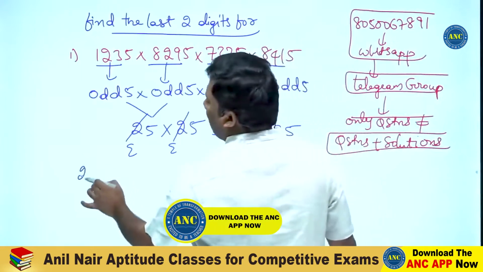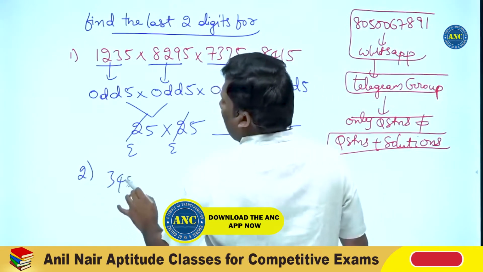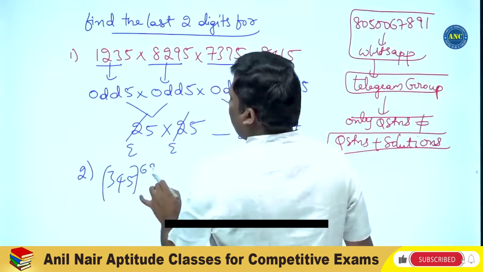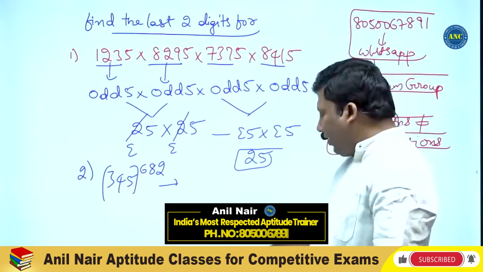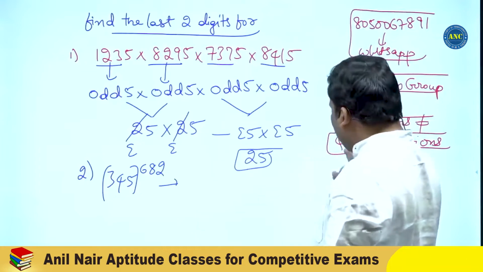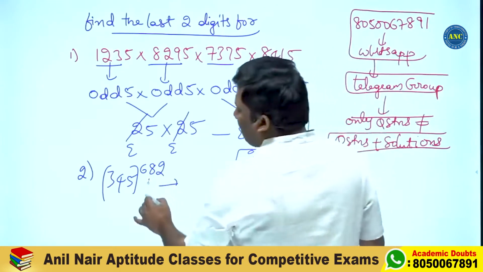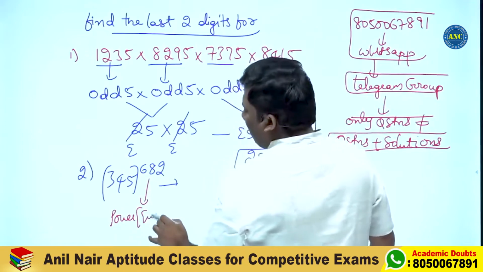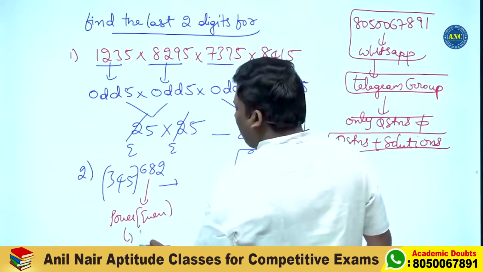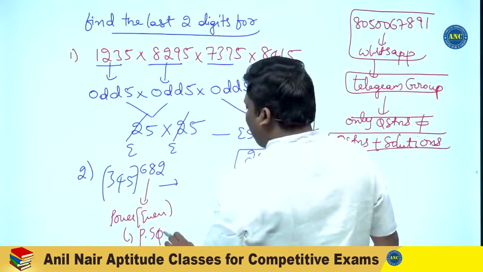Second one, 345 power 682. You don't need to do anything. 682 is an even number. Power is an even number. If the power is an even number, then the number is a perfect square.